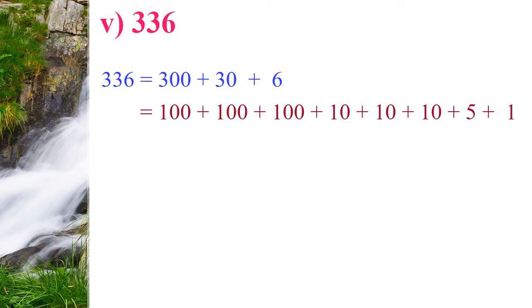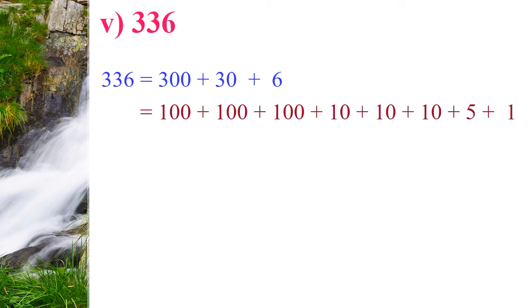The next problem is 336. So first step, expanded form of 336 is 300 plus 30 plus 6. Next, split the numbers based on the basic Roman symbols. So here 300 can be written as 100 plus 100 plus 100. 30 can be written as 10 plus 10 plus 10. 6 can be written as 5 plus 1.